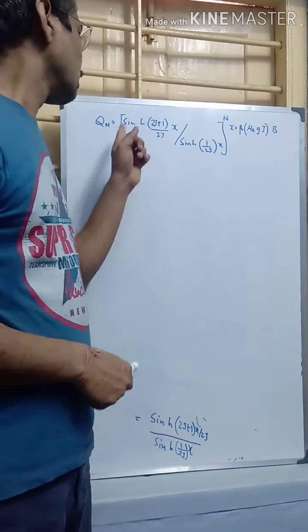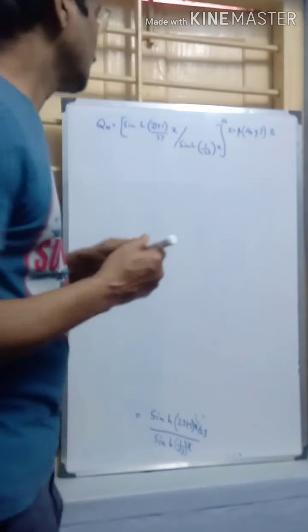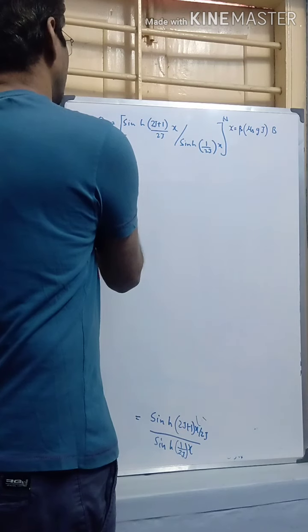So for that the n particle partition function, and immediately we can write the corresponding Helmholtz free energy.